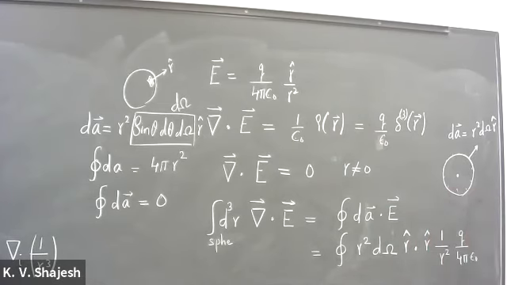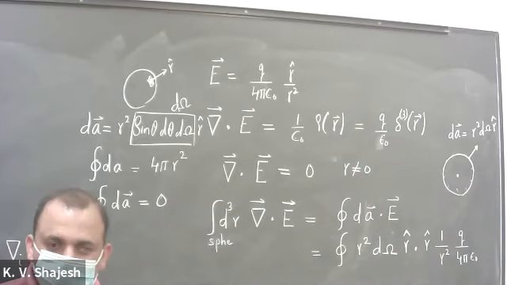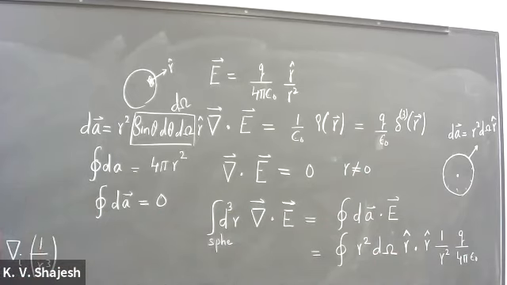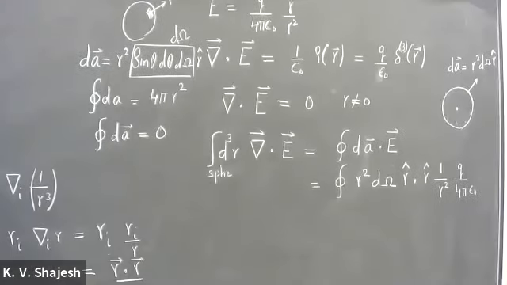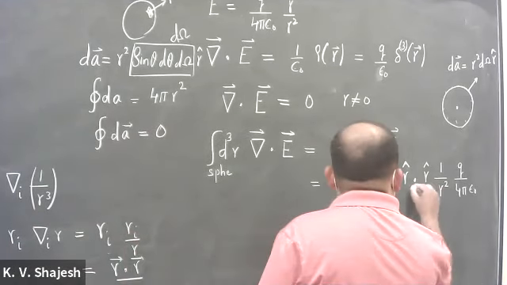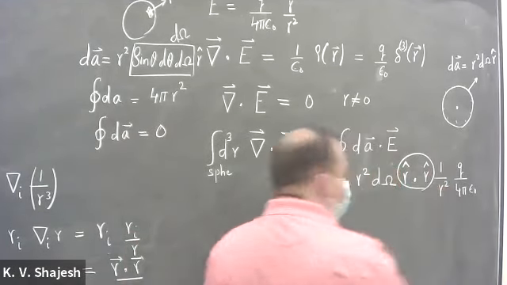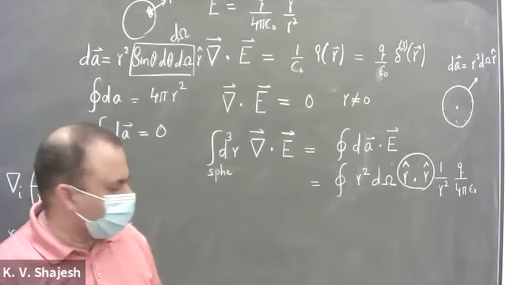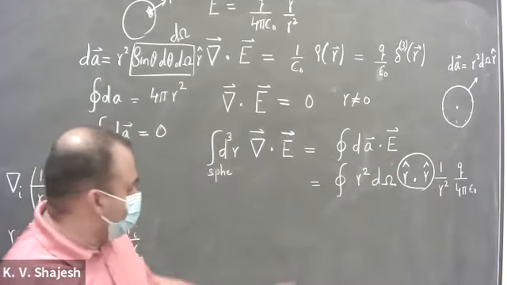I just wrote it in some order. With me? r hat dotted with r hat is 1. That's the simplest part, not much richness in there.